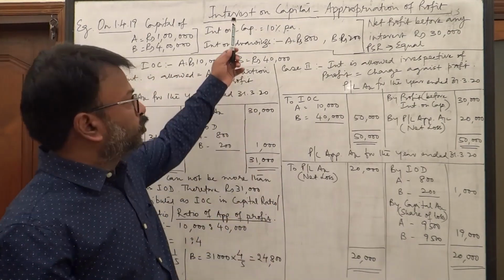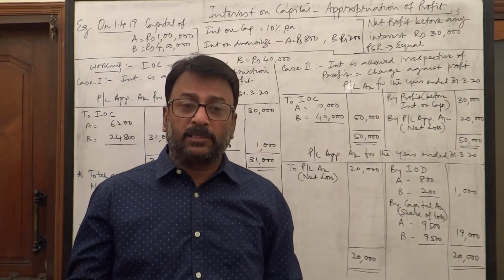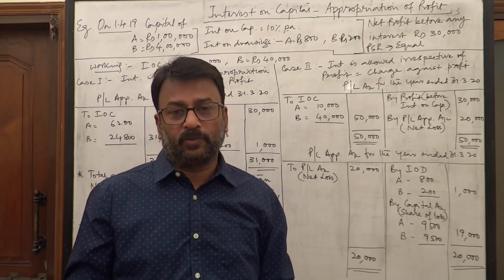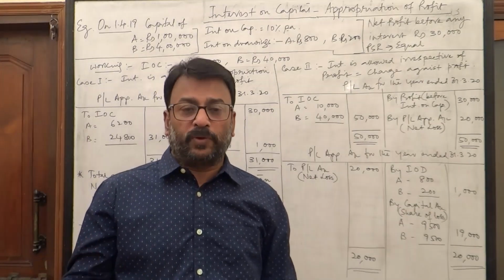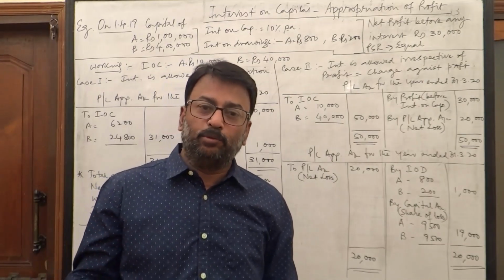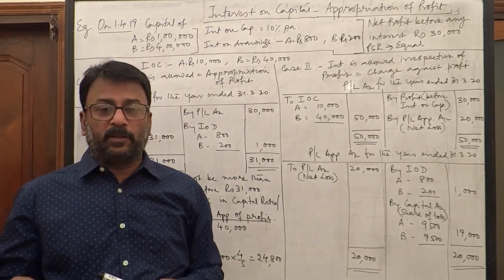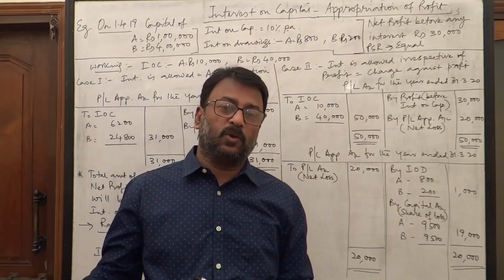Here, one most important thing can be asked: why is interest on capital allowed to partners? The situation when their capital contribution is not equal, but their PSR is equal.